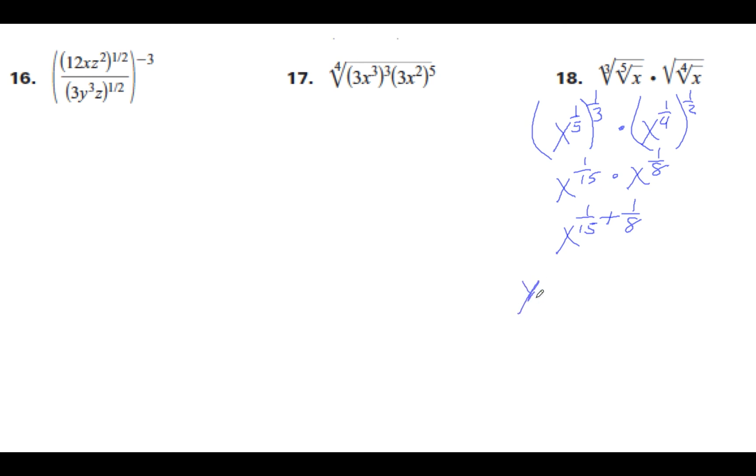Need a common denominator between 15 and 8, which is going to be 120. And this becomes 8 over 120. That's 15 over 120. Final answer.